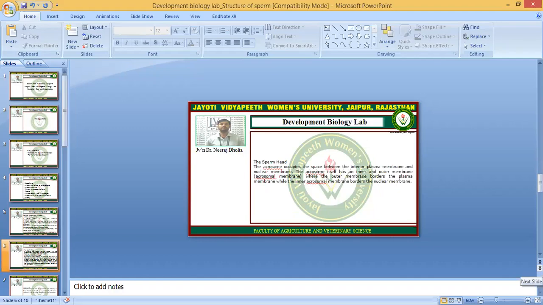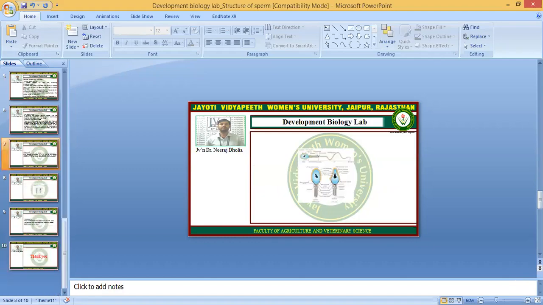The acrosome itself has an inner and outer membrane, also known as the acrosomal membranes, where the outer membrane borders the plasma membrane, while the inner acrosomal membrane borders the nuclear membrane.